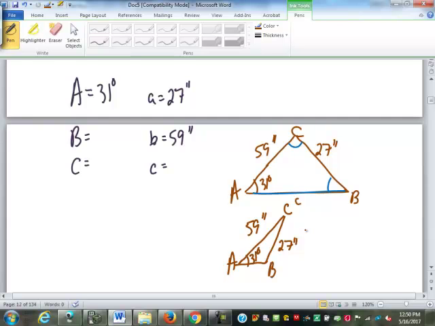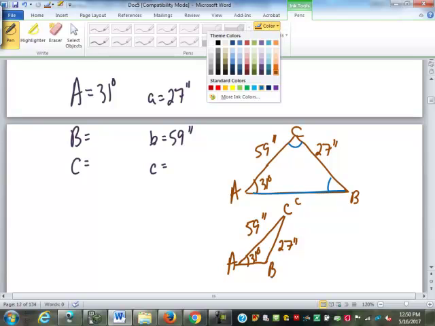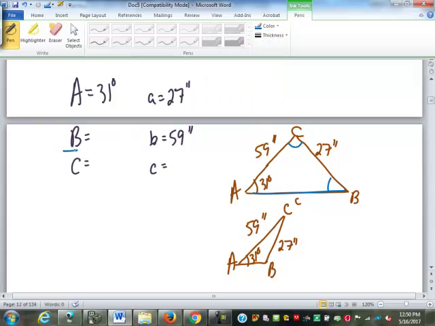So in this case, where the side opposite the angle is shorter than the other side given, we need to know if this angle here that's opposite the other side is obtuse or acute. Now in the example I'm giving you here, it doesn't matter. Let me show you why.